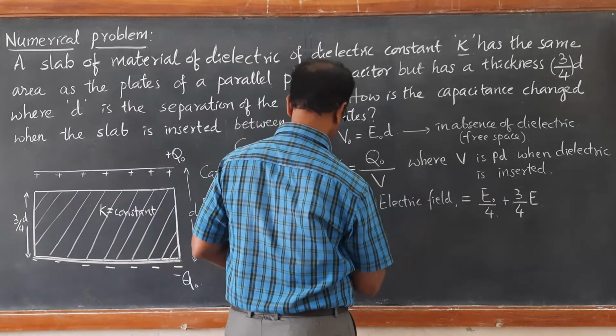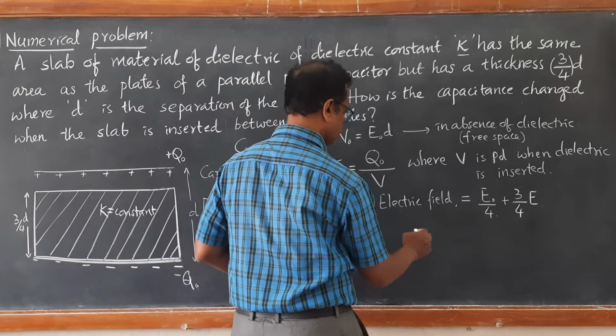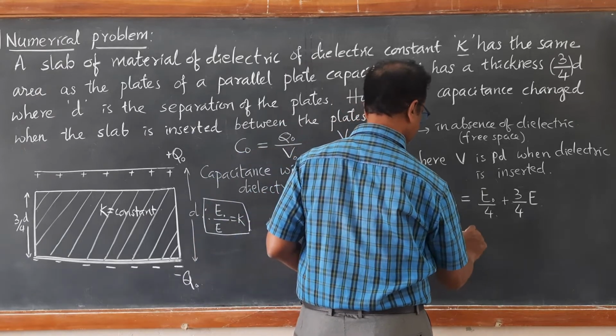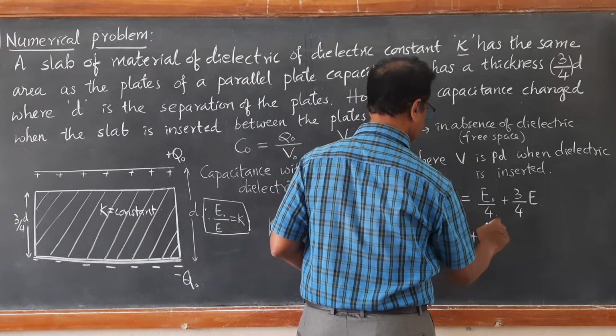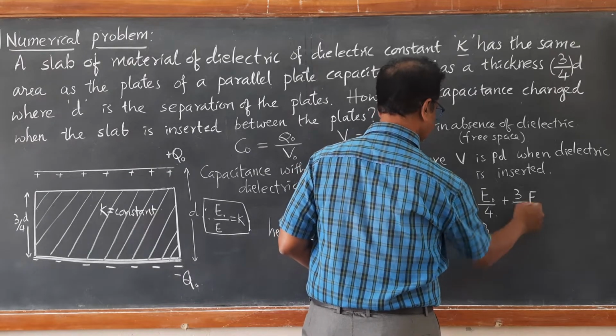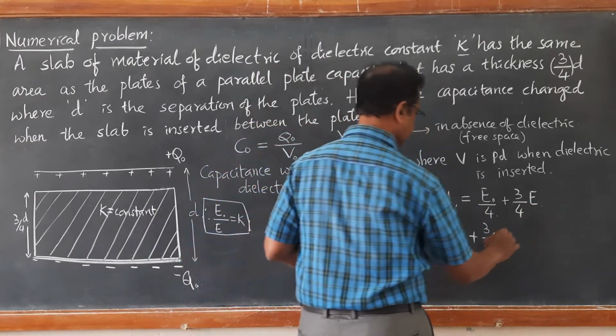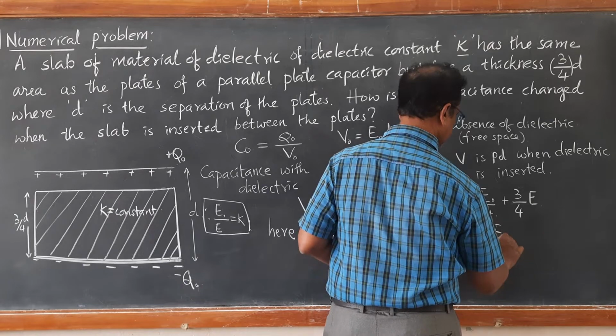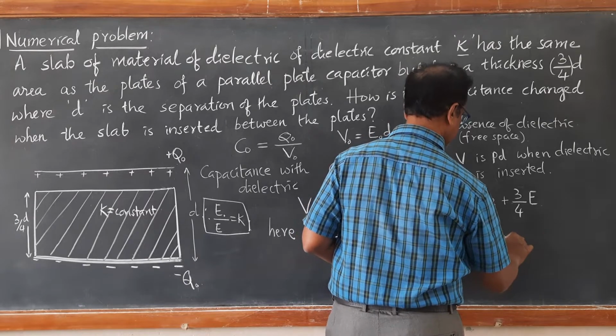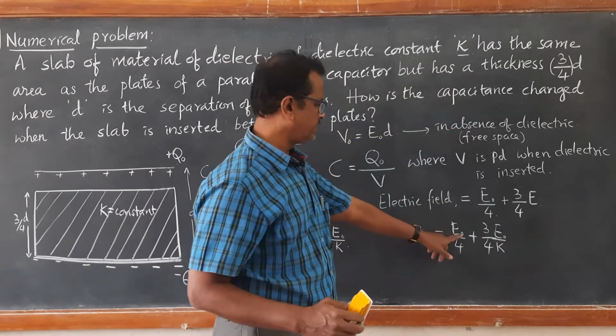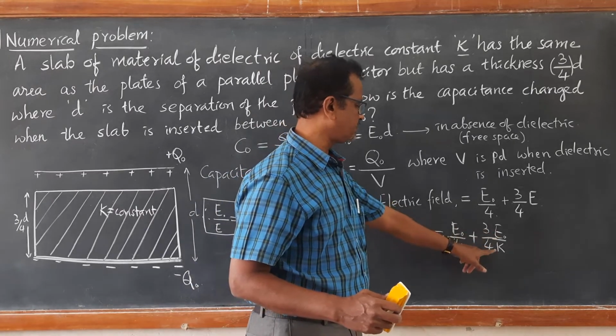the total electric field now becomes E naught by 4 plus 3/4 of E naught by K. So thus you are getting E naught by 4 plus 3 E naught by 4K.